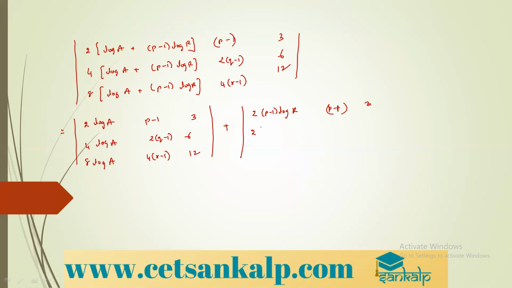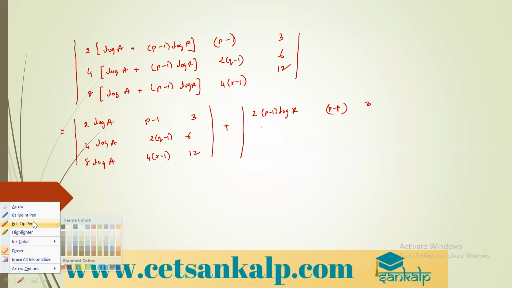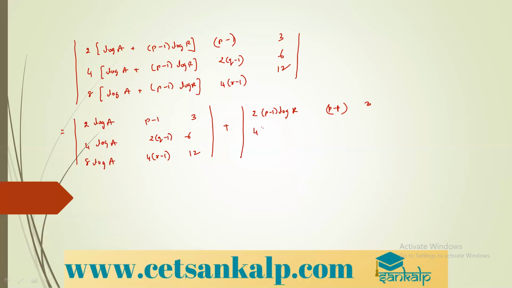Then here I have 4 into Q minus 1 log R, 2 into Q minus 1, 6. Then here I have 8 into R minus 1 log R, then 4 into R minus 1 and 12.